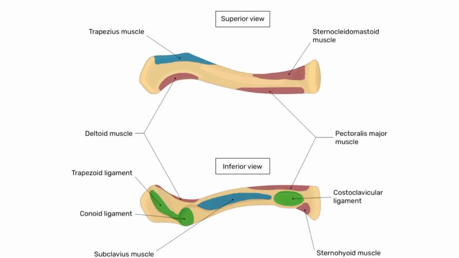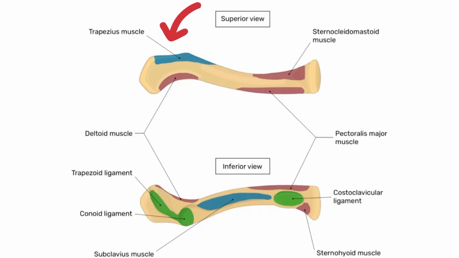So, having explained the ends of the clavicle, the next thing we are going to be looking at is the attachments on the clavicle. Looking at the first diagram, the superior view of this clavicle, you have the trapezius muscle.